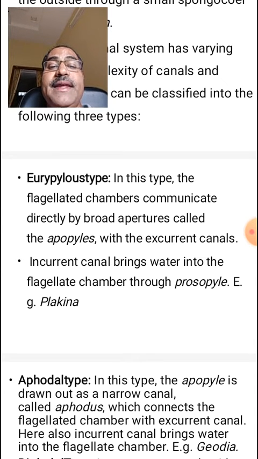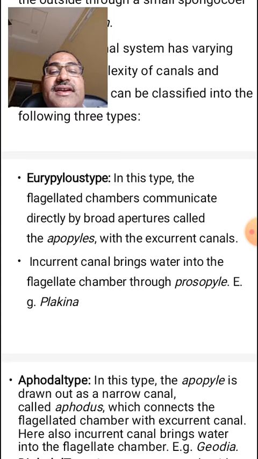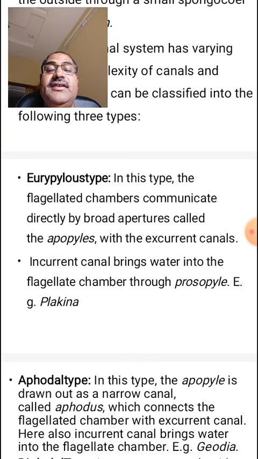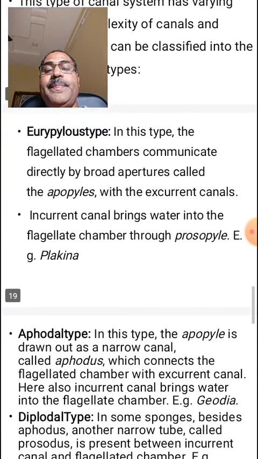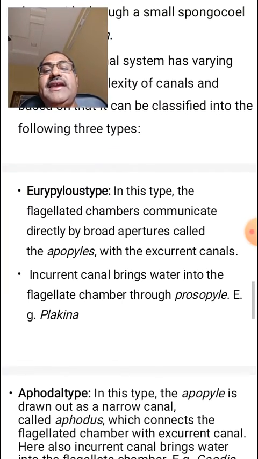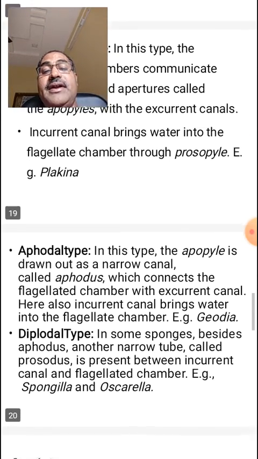In this type, the flagellated chambers communicate directly by broad apertures called apopyles with the excurrent canals. The incurrent canals bring water into the flagellated chamber through the prosopyle. Example is Plakina.